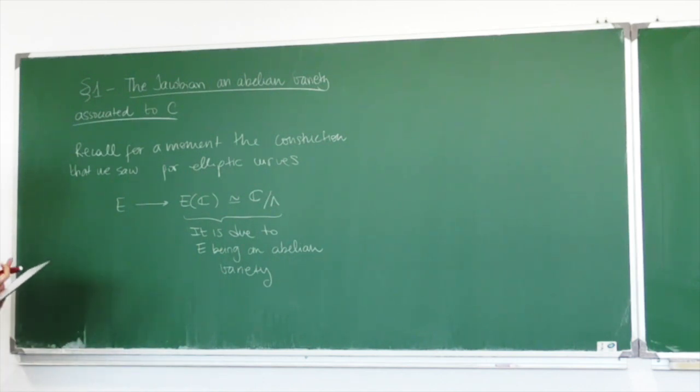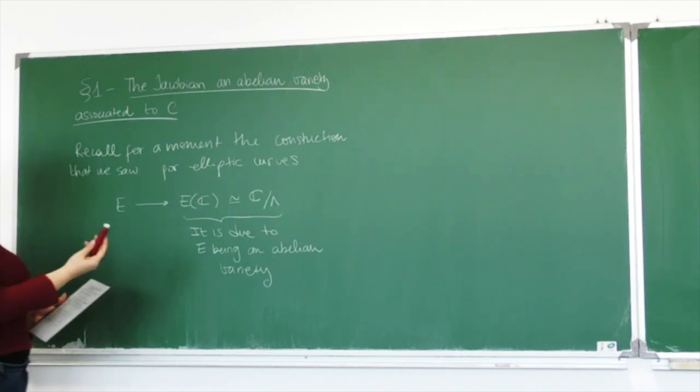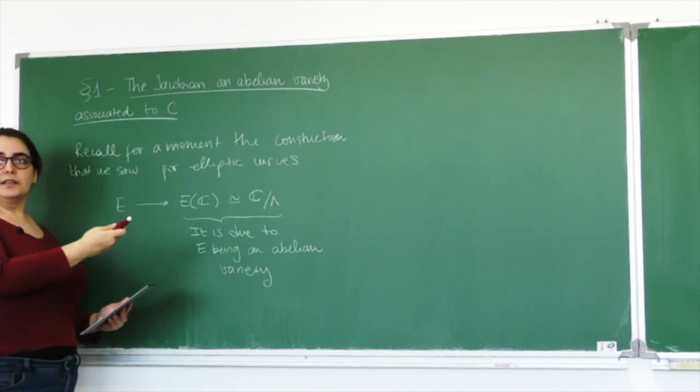So the problem when we go to higher genus is that it's no longer true that the curve is an abelian variety.